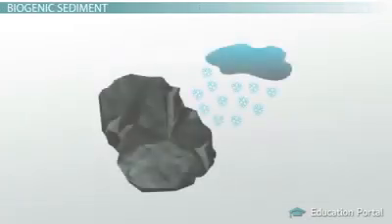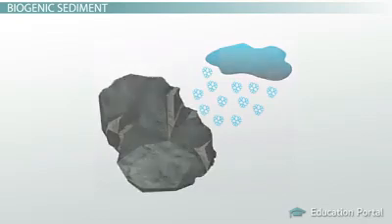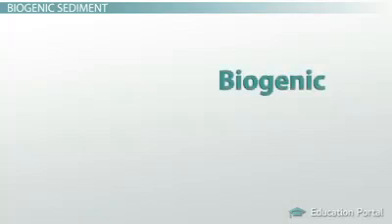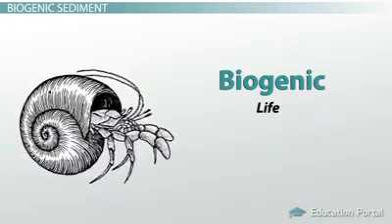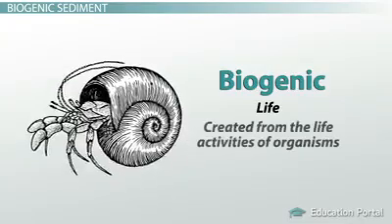Now you just learned that clastic sediments are formed from inorganic fragments chipped away from rock, and this is something that differentiates them from the second type of sediment known as biogenic. You know that the prefix bio means life, so you probably have an inkling that this type of sediment contains some organic material. And in fact, biogenic sediments are created from the life activities of organisms.